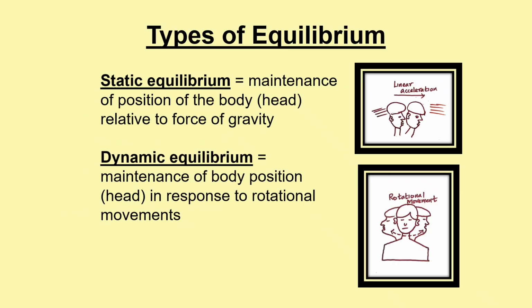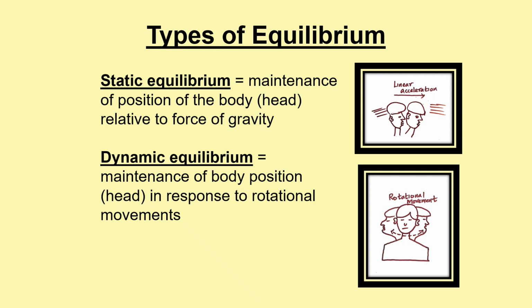Equilibrium, maintaining posture and balance, is of two types. Static equilibrium: we are not moving. But when we are traveling in a bus or train, it is linear acceleration, moving in one direction.